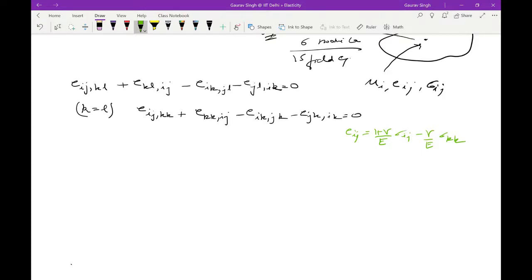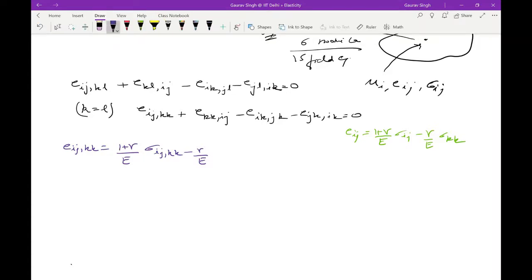So we want to write each of the terms now. Let's see how that can be done. Let me first write Eij,kk. That would be (1 plus nu) by E sigma ij,kk minus nu by E sigma mm,kk into delta ij.